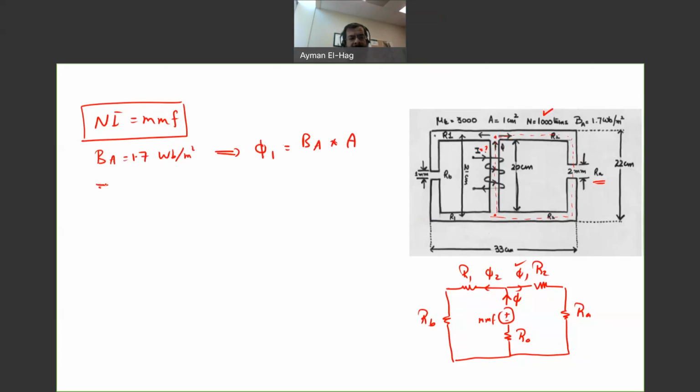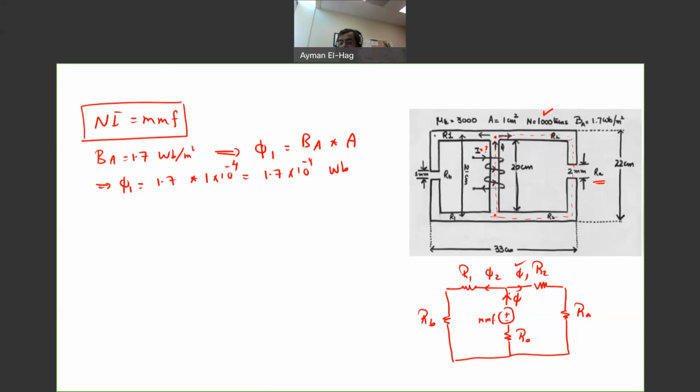Phi 1 equals 1.7 times the area, 1 centimeter square, converted to meter square, so 1 times 10 to the minus 4. This gives 1.7 times 10 to the minus 4 Weber. So now I know phi 1. Perfect.